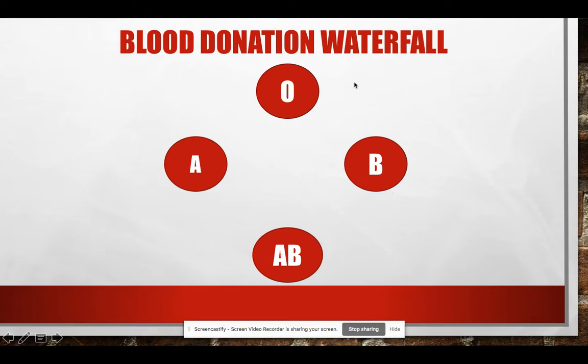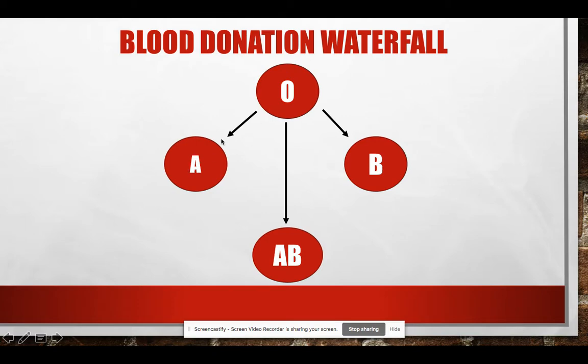Okay, so when I think about that, that means that O blood can donate to itself, but it can also donate to A, AB, or B blood. Now, also realize that it cannot go back up the waterfall, so that means that AB cannot donate to O. O can only receive its own blood type.